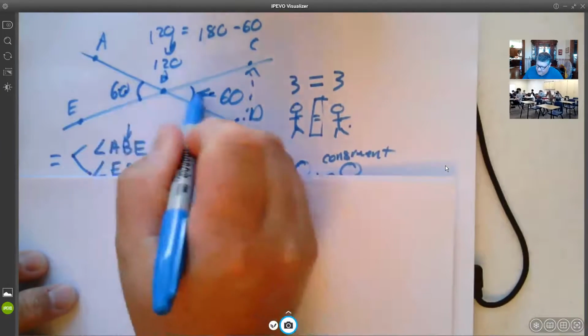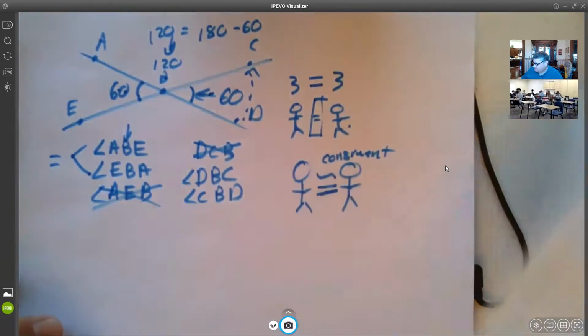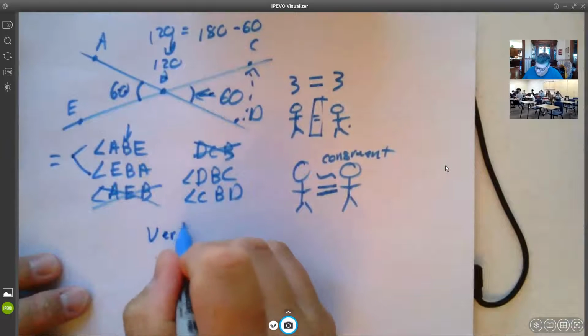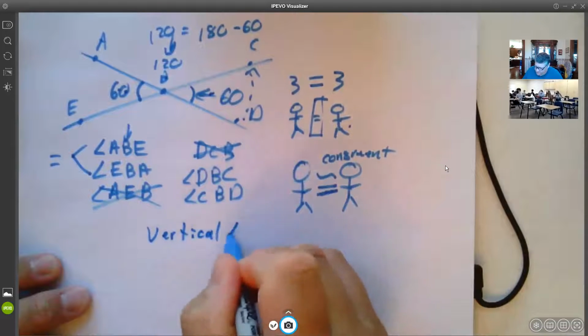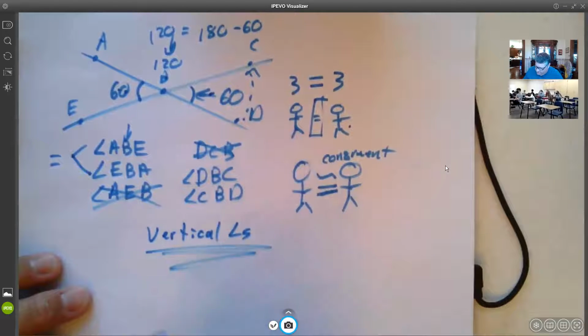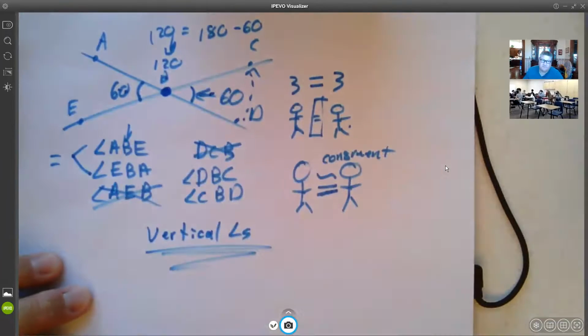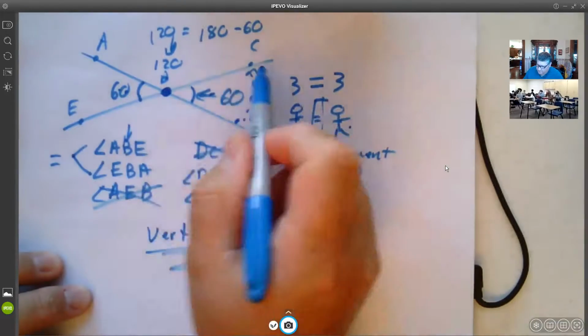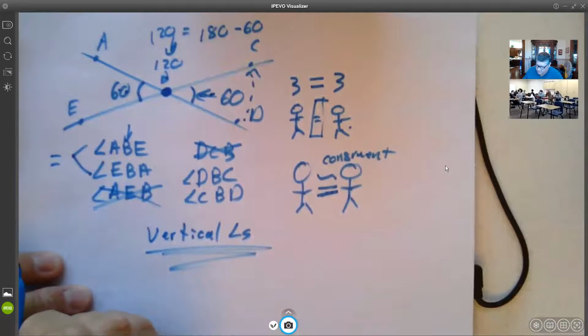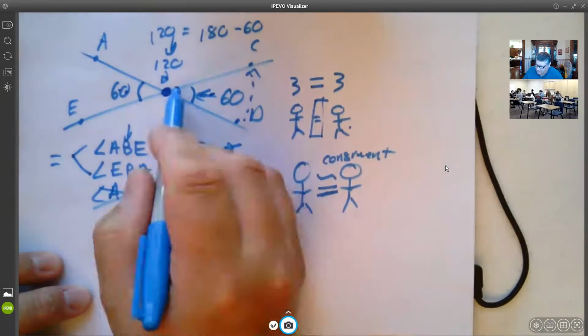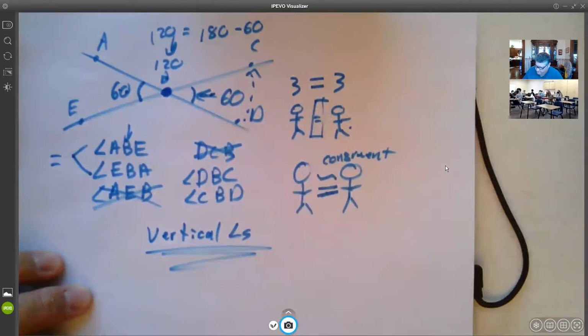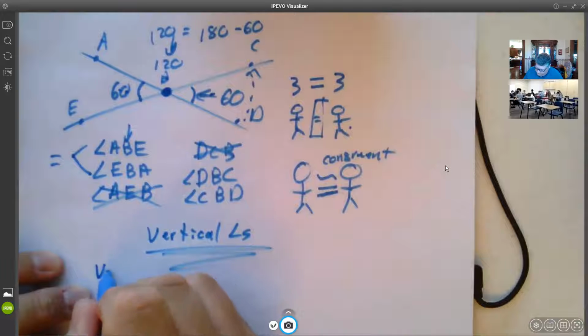Which is why these angles right here are called vertical angles. They are not vertical because they're up and down. What is this point right here in the middle called for each angle? The point where the angle turns around. Midpoint?